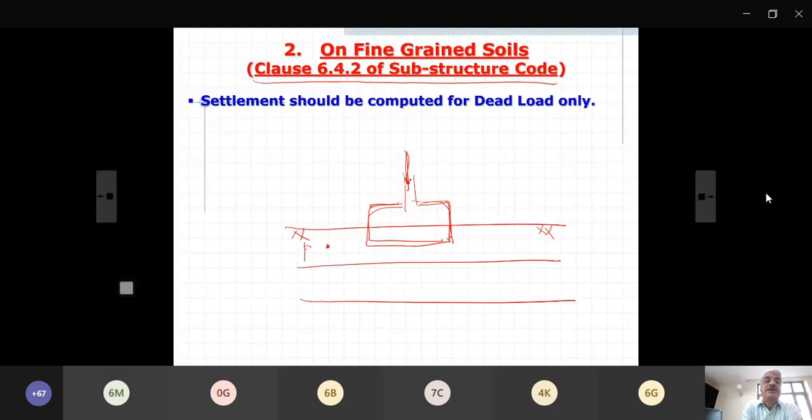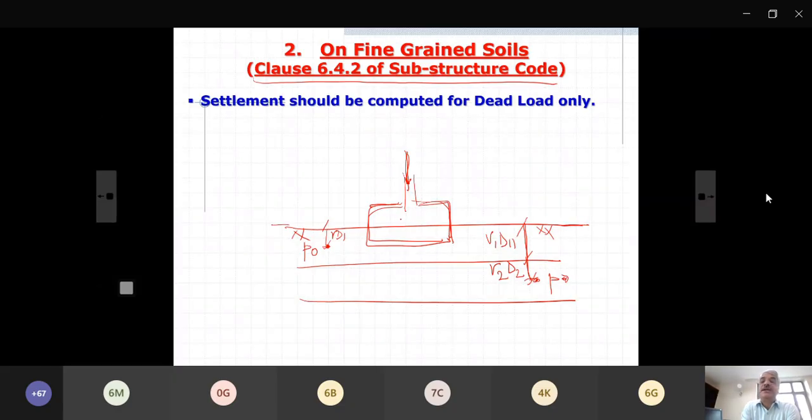Let us say at the center of this layer the pressure is P0, which will be what? Gamma times this depth, D1. Or if we talk about the two layers, it will be this layer's gamma 1 times D1, and this layer's gamma 2 times D2, this overburden pressure basically, that is the initial pressure P0. And it is in equilibrium at that time.